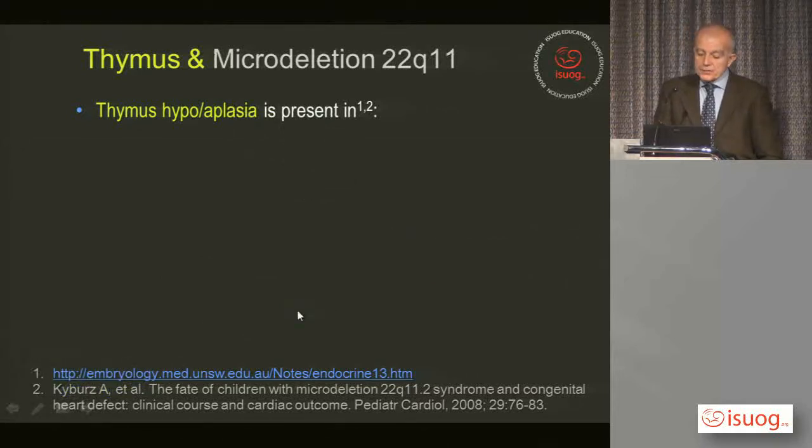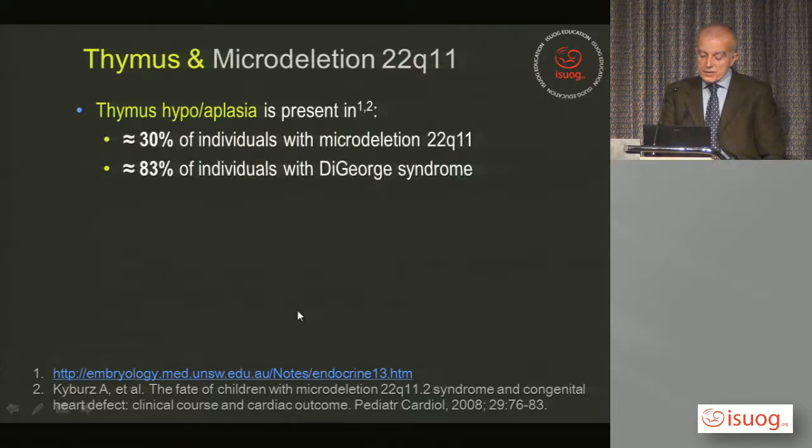But remember that from studies published in adults and individuals with microdeletion and or DiGeorge syndrome, and this is a problem for us, thymus hypo or aplasia is present in roughly 1/3 of the cases with microdeletion, and not 100%, but 83% of the individuals with full-blown DiGeorge syndrome.